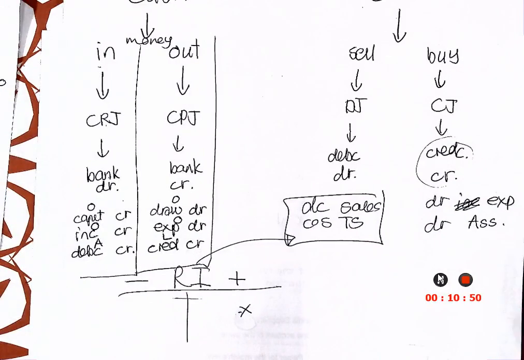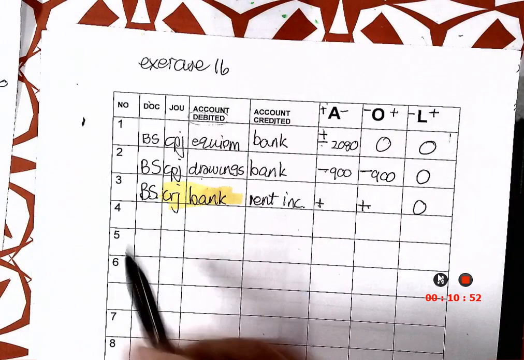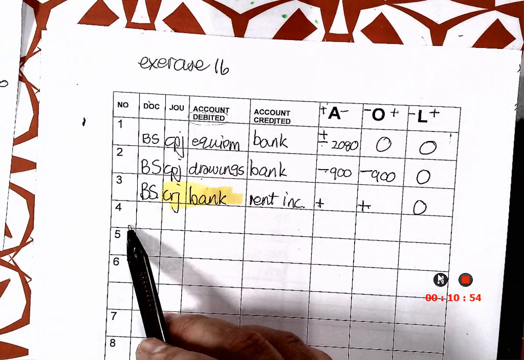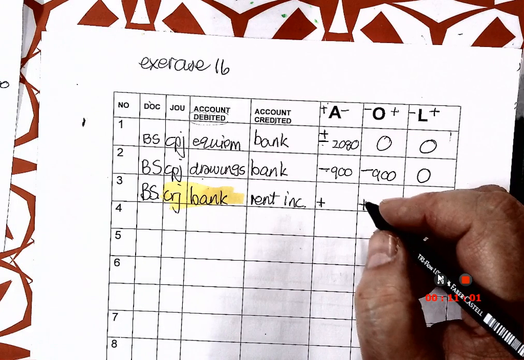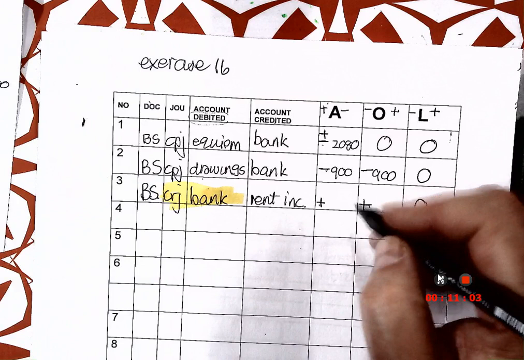So let's go on. Number 4 says, I must just get the right number 4. Purchase, I didn't put the amounts, and then you're not going to get marks. The amount is 420.